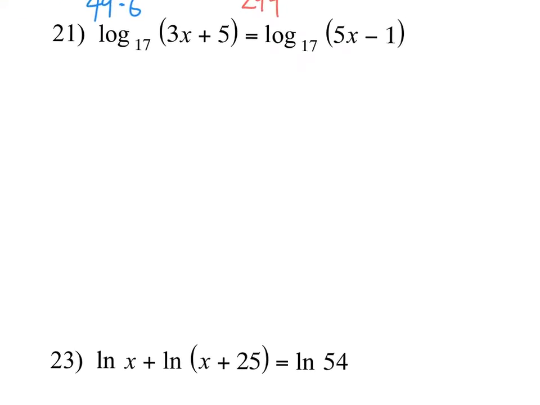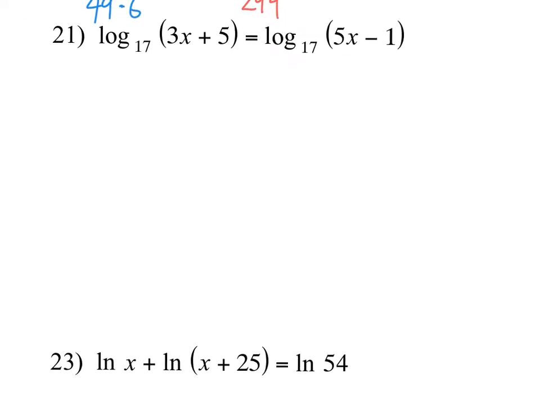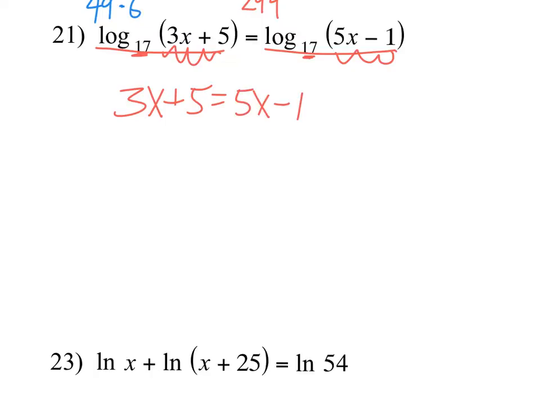For number 21, this time we've got a log on both sides and nothing else. We call this the one-to-one log property. And if there are any ones that you don't have an issue with, these should be those ones. Because if you have a log on both sides that has the same log base, that means that the insides have to be the same also. So 3x plus 5 is equal to 5x minus 1.